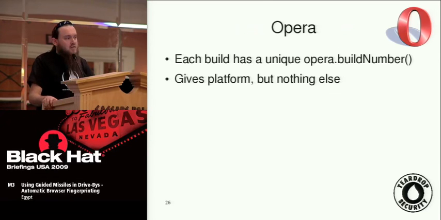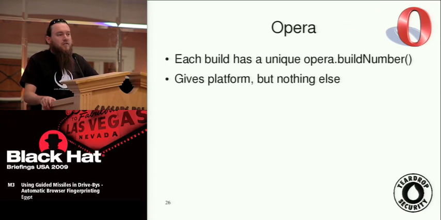Opera is a little bit harder. It's a tougher nut to crack. It doesn't have a specific thing that'll give us a version, but it does have the opera.buildNumber function, which gives us the platform. And that doesn't seem like much. It'll tell us that it's Windows, or it'll tell us that it's Linux. But that's enough to tell us that the user agent is or isn't lying.